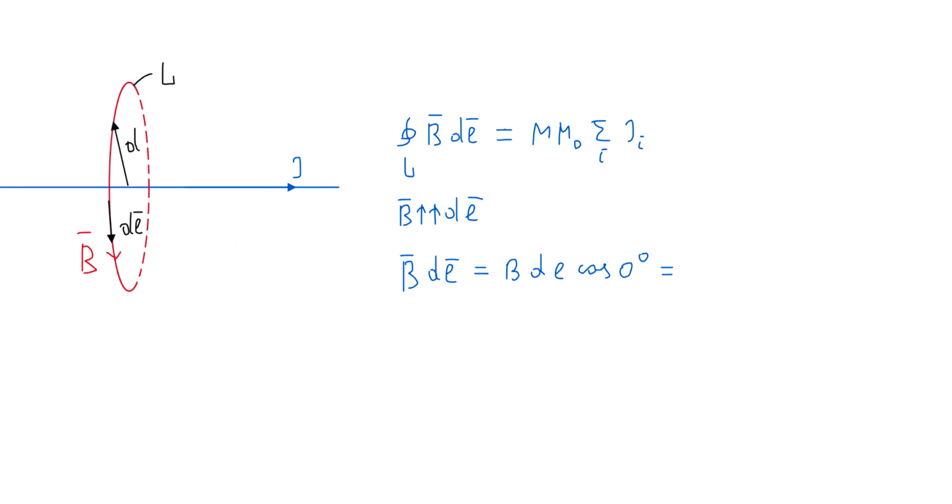Okay, but if we have cosine 0, what will we have here?